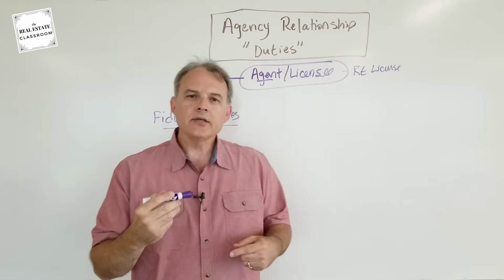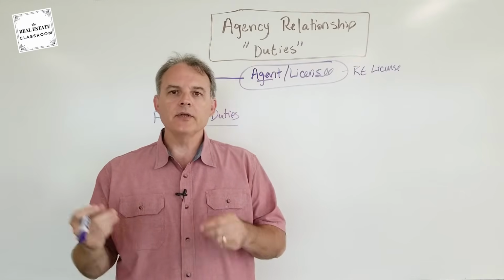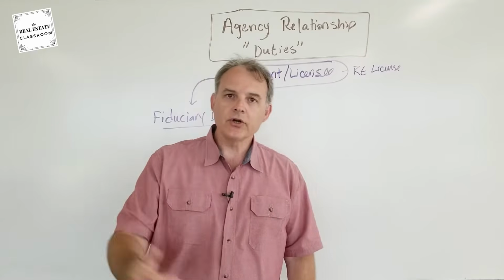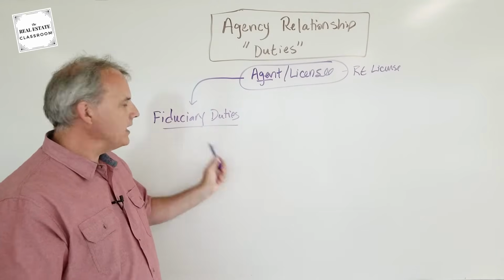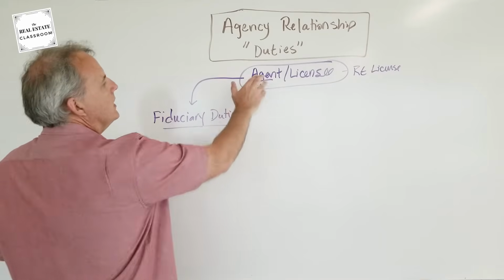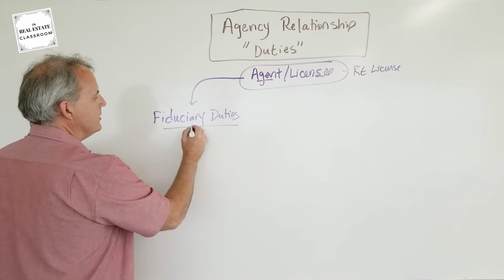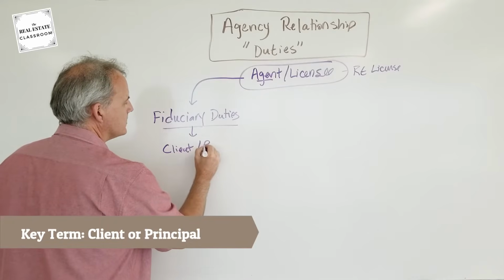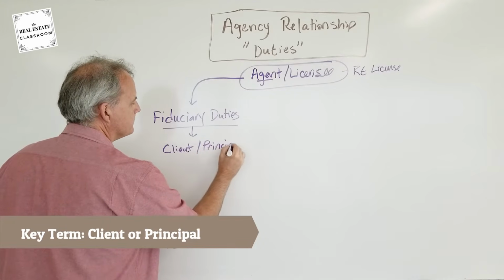And I kind of like to preface this by using the example of the attorney-client. The attorney is the licensed attorney in that state, and they are representing their client, right? So, the agent owes fiduciary duties to their client, or sometimes called a principal.